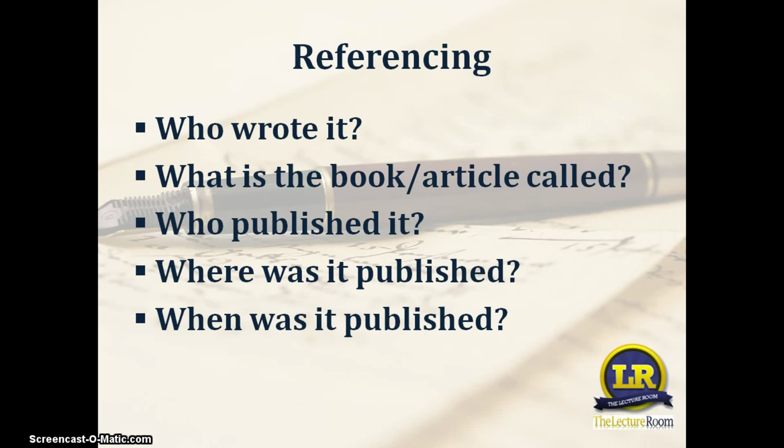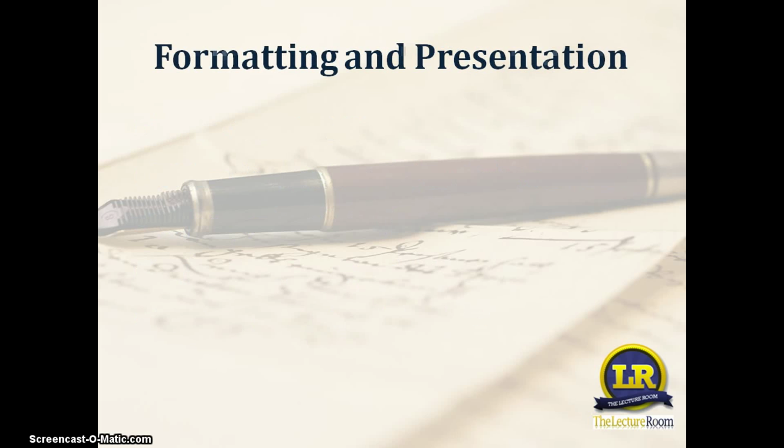Of course, there are different referencing systems, and each of them has their own requirements. And once again, I'm going to cover that later in the course. But what you need to know, these are the main questions. Of course, different sources like videos or newspaper articles or emails have to be referenced a bit differently. But these are the principal questions.